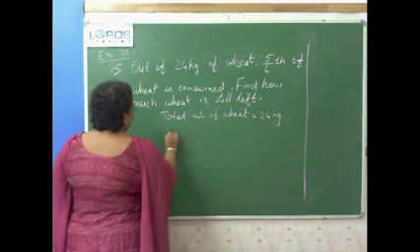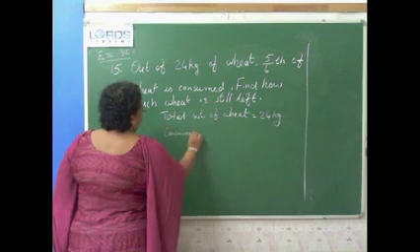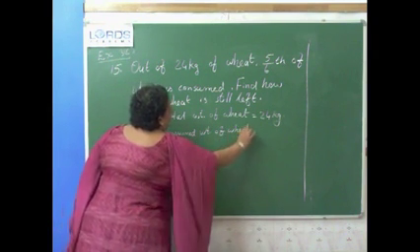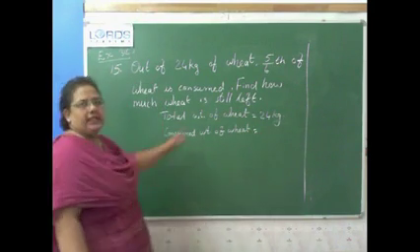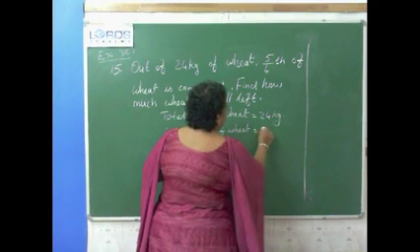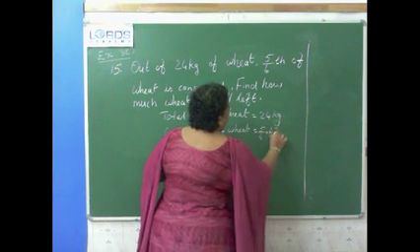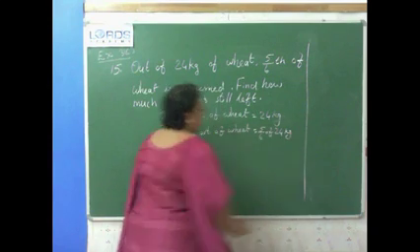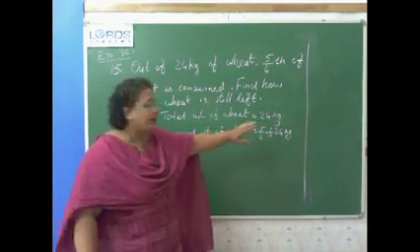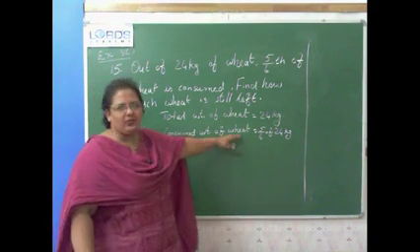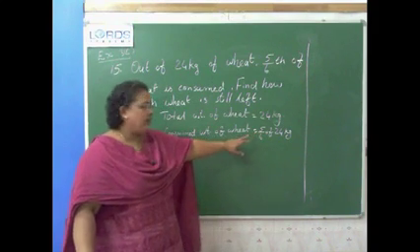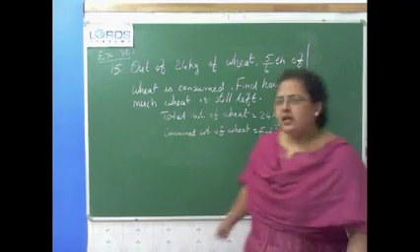Consumed weight of wheat, that is 5/6 of the total weight, that is 5/6 of 24 kilograms. I hope it is clear. Consumed weight of wheat is given as 5/6 of 24 kilograms, that you have to find out. So, we will find it in the working column.